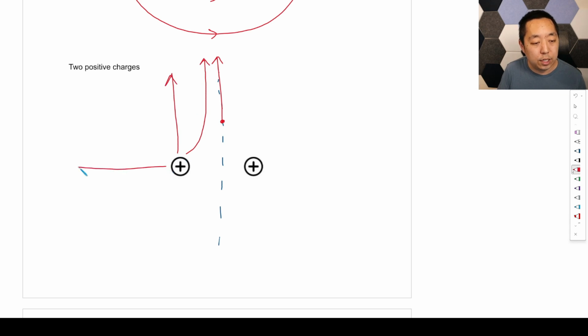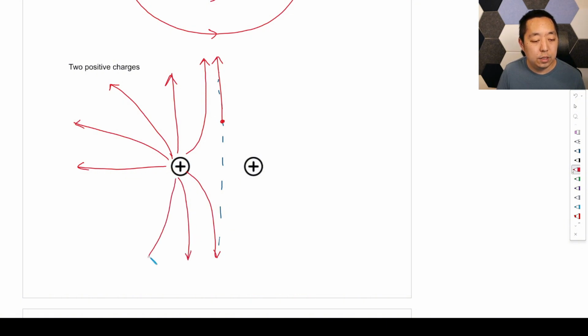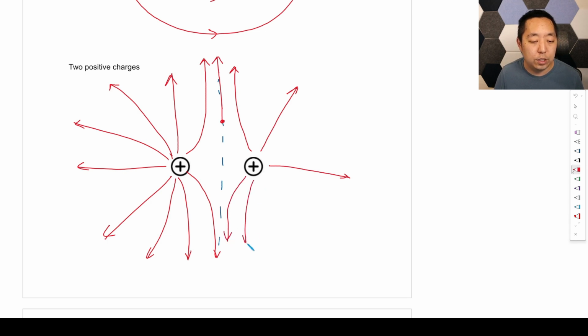And then over here, just kind of radially outwards. And then here, you could curve it a little bit, right? And then this is going to have this kind of straight line like that. By symmetry, it does the same thing on this side. It should curve a little bit, but you don't have to worry about that curving part too much. Again, we're just trying to get a qualitative shape of what the electric field lines ought to be.